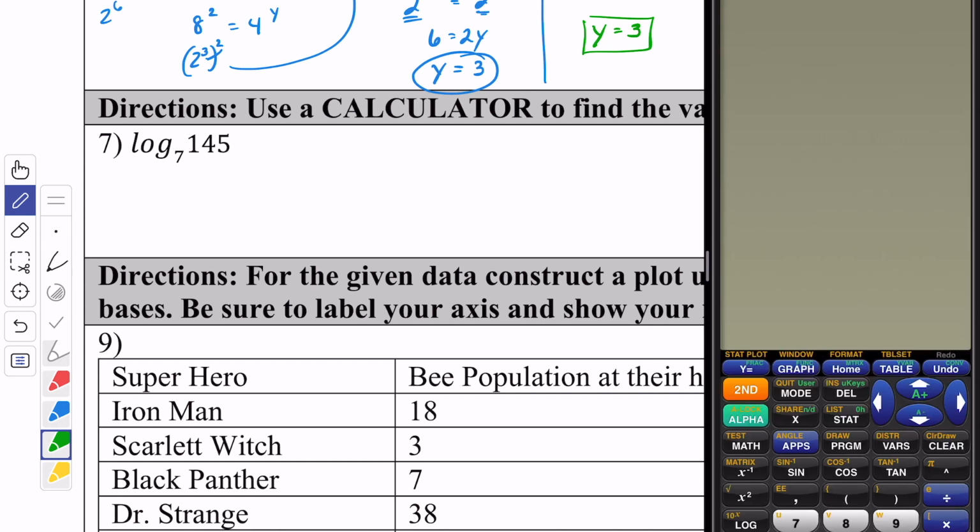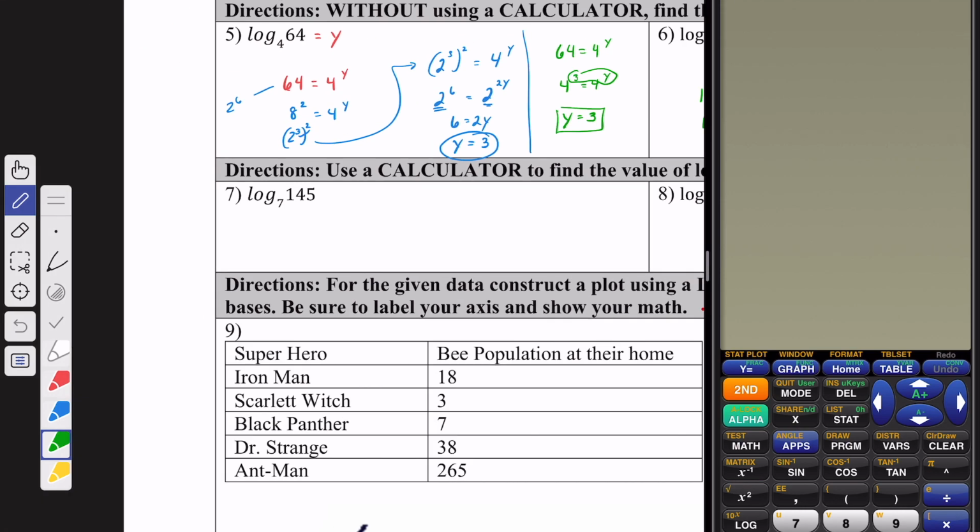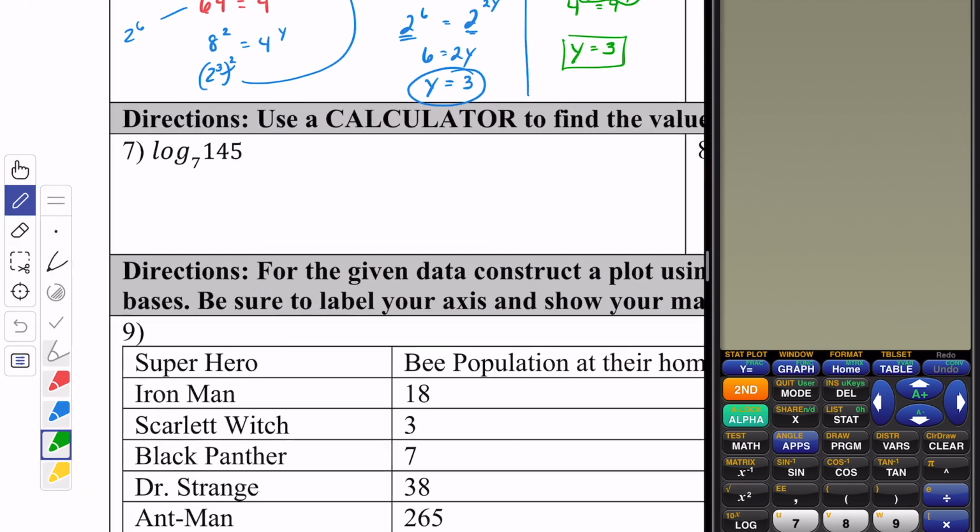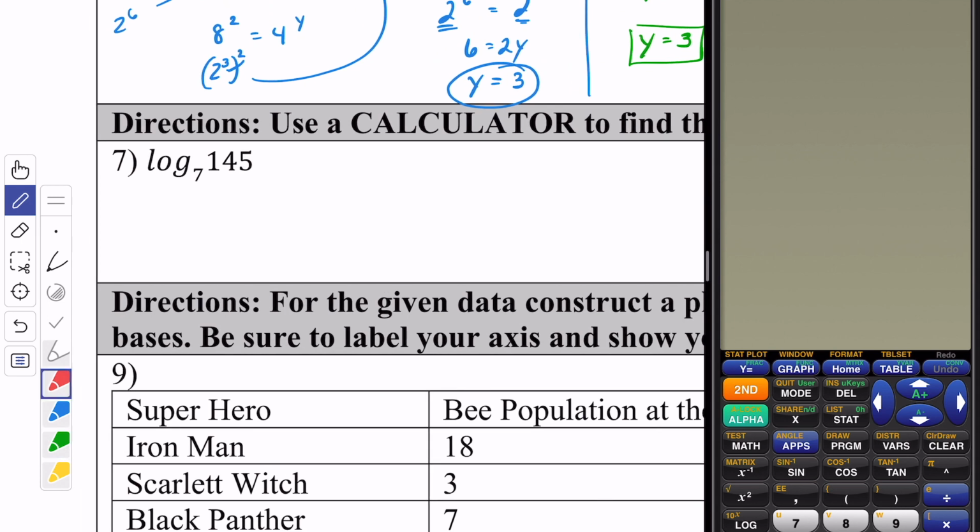There he is, down there. Log, and I can type in the base of 7. I can type in my 145 like that and just hit enter. And it tells me to 3 decimal places. Let's do this to 3 decimal places. I'd go 2.55, and I'd round that 7 up to an 8.